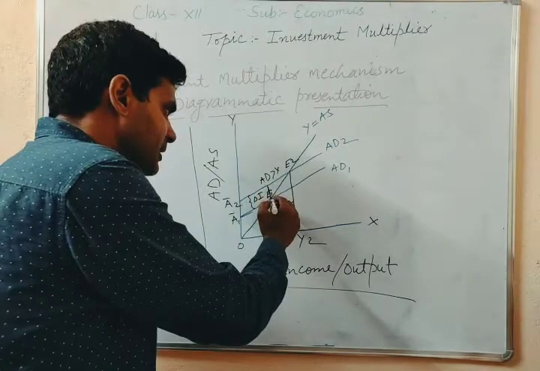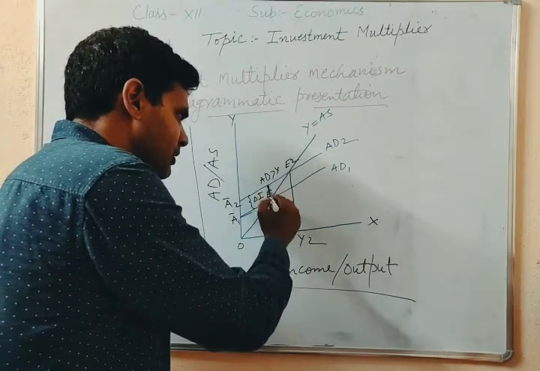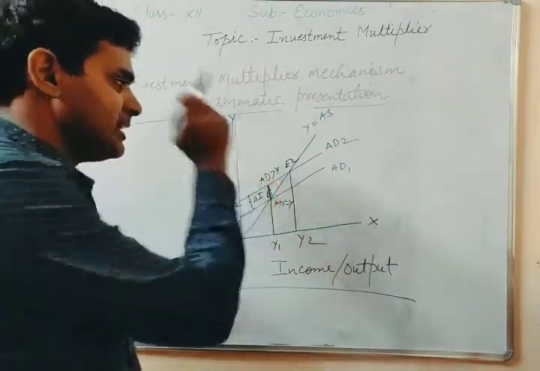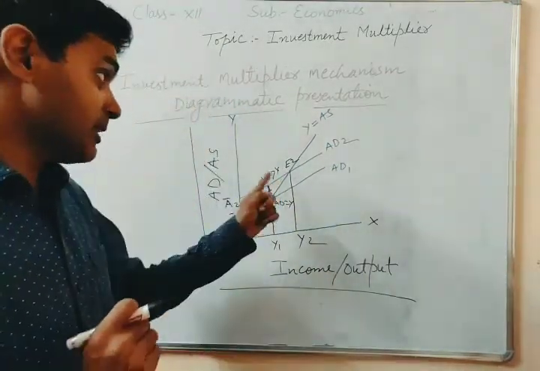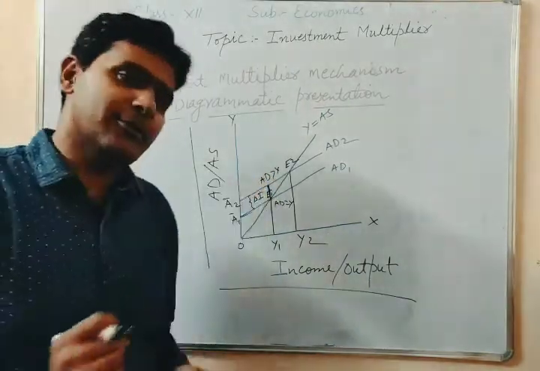And if AD shifts upward, then this gap will be more than the AS. So AD is greater than AS over here. So there will be unplanned accumulation in the inventory of the firms.